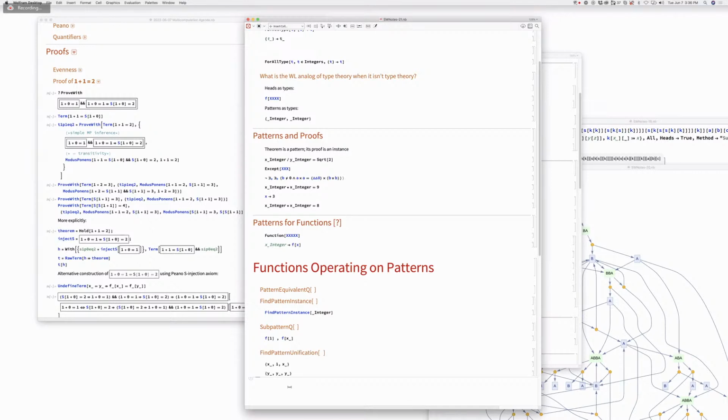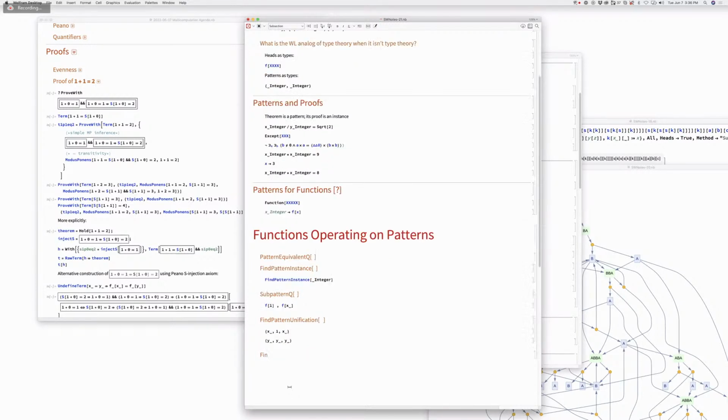Another thing we do not have, which we've been talking about several times, is find pattern bindings or find pattern rules. What is that?